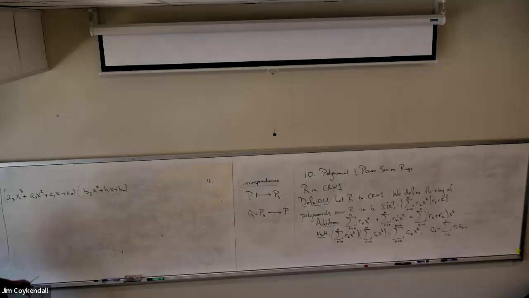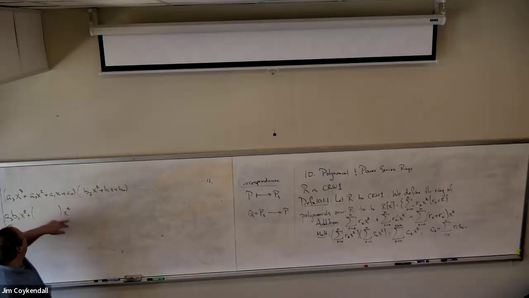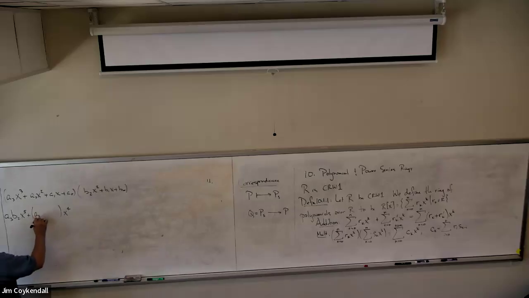So what that formula means is you just multiply it willy-nilly, use the distributive property, and group things of like degree. So x^5, there's only one way to make this: A3 B2 x^5, plus x^4. Well, I can make that with a 3 and a 1 to get a 4th power, or a 2 and a 2. So it's A3 B1 plus A2 B2.